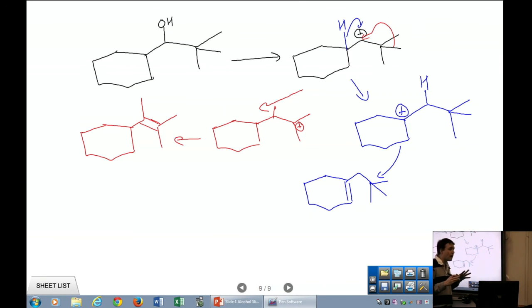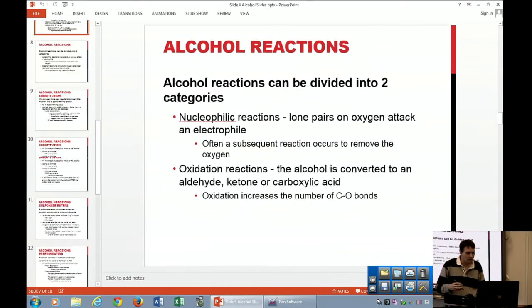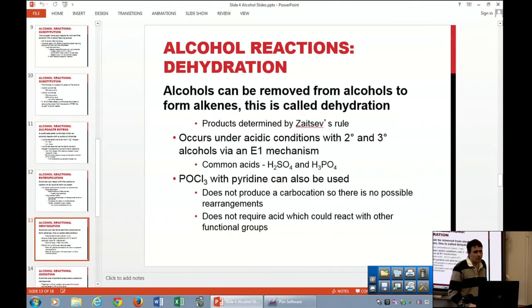So these are all of our alcohol reactions that I classified at the beginning of the group of slides as nucleophilic reactions, where the lone pair is attacking something. Oxidation reactions is what we're going to cover next.